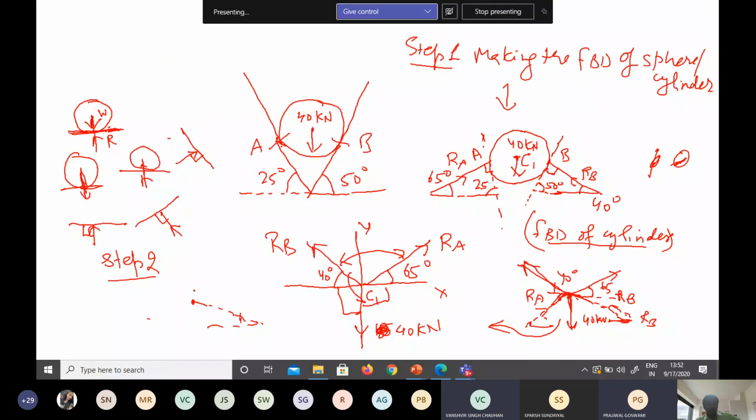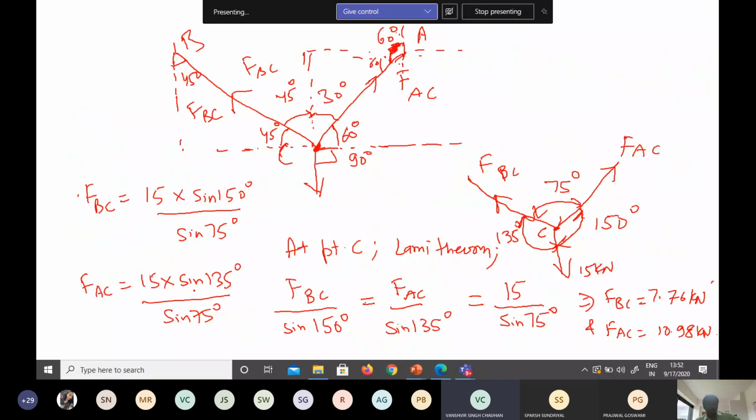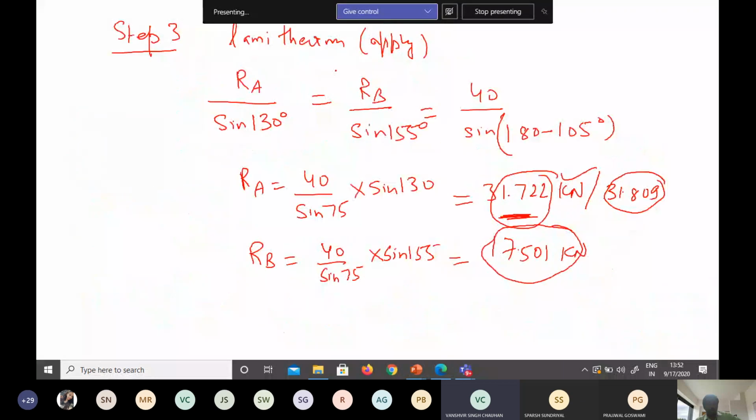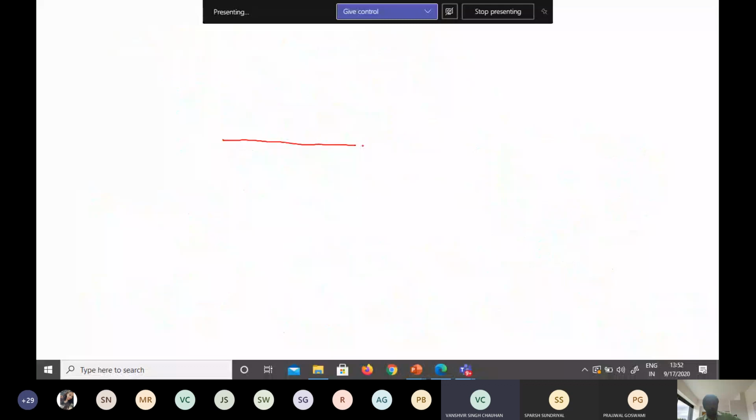Sir, resolution part. See, I can just say here. Listen. I will just make the diagram here. This is RB, and this is RA. What are the angles? Can anybody tell me? 65 and 40.